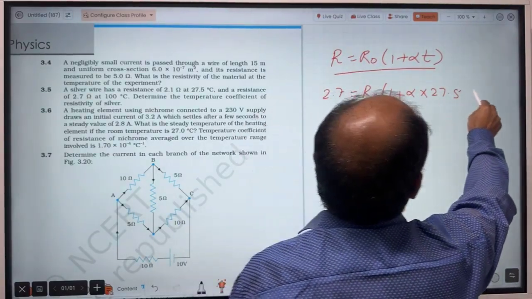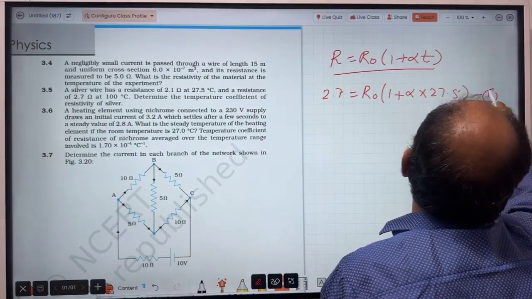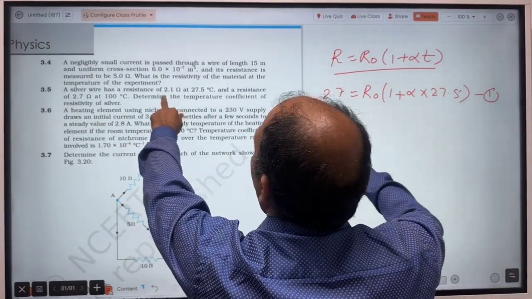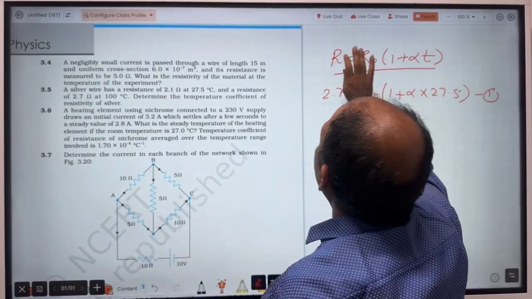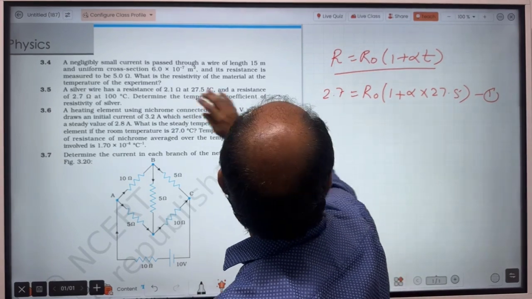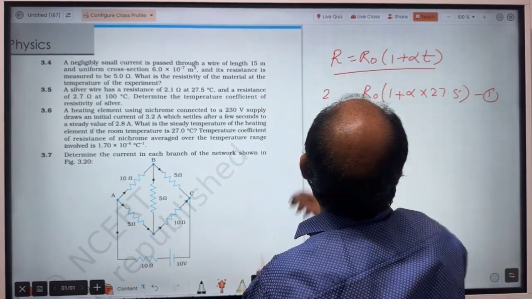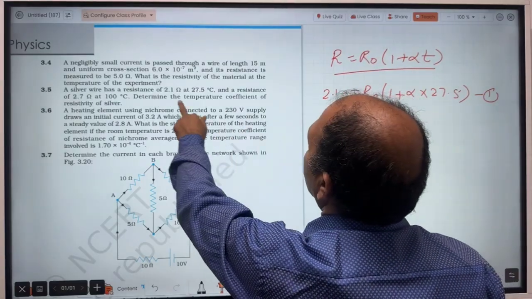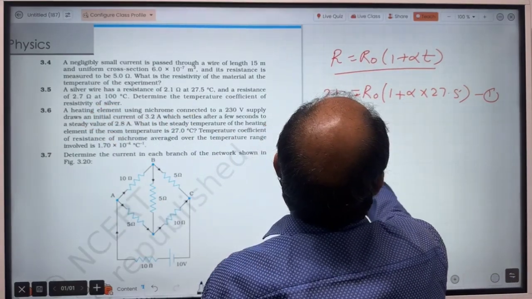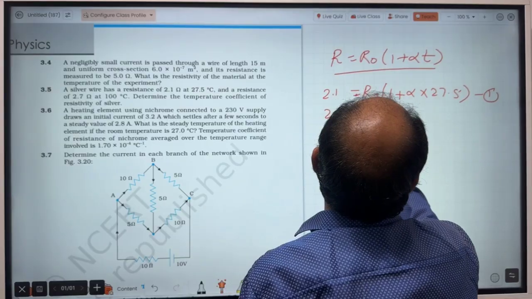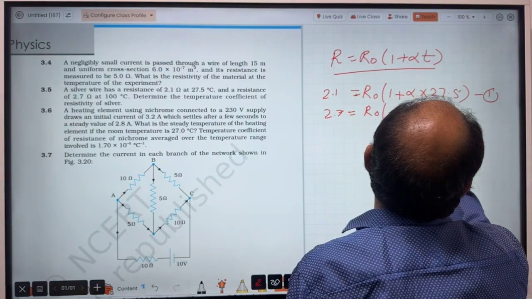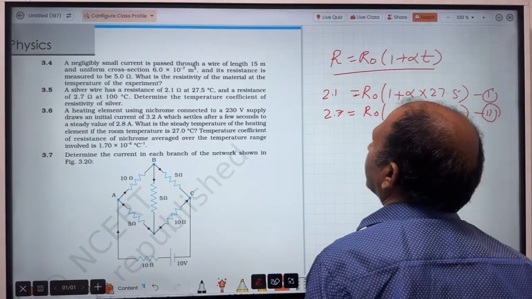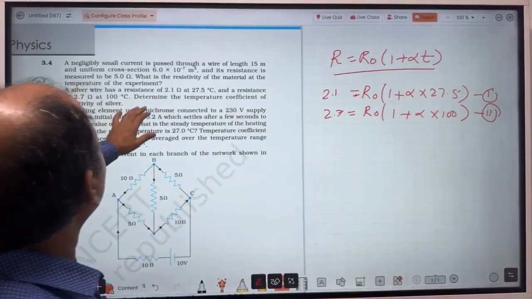This is the first equation. And the second equation, 2.7 equal to R0 into 1 plus alpha into 100. Equation number 2. Correct? I think you have understood.